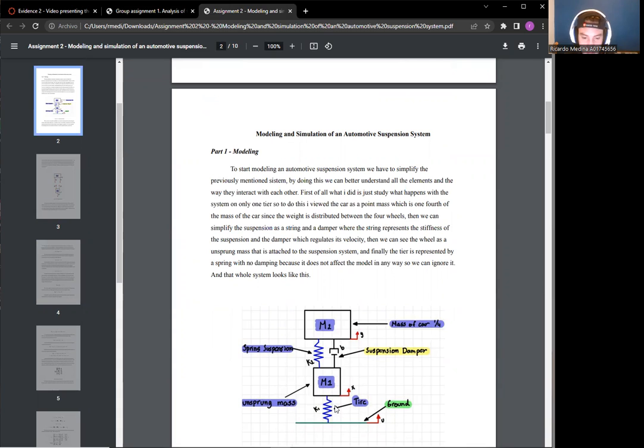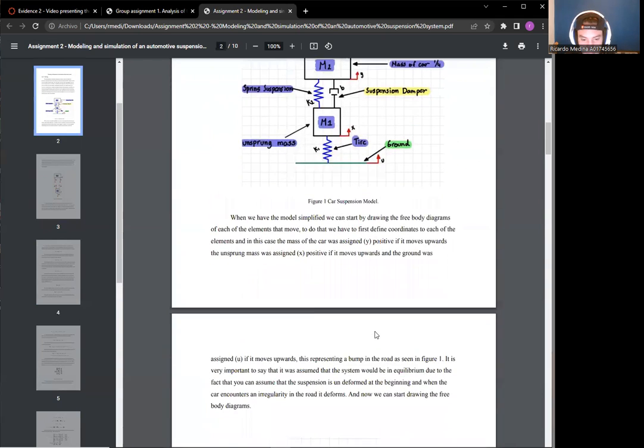The unsprung mass is connected to the ground by a spring that represents a tire. We have the coordinates x, y, and u to represent the movement of each of the masses and the ground. The movement of the ground would be an irregularity like a bump or a hole in the road.